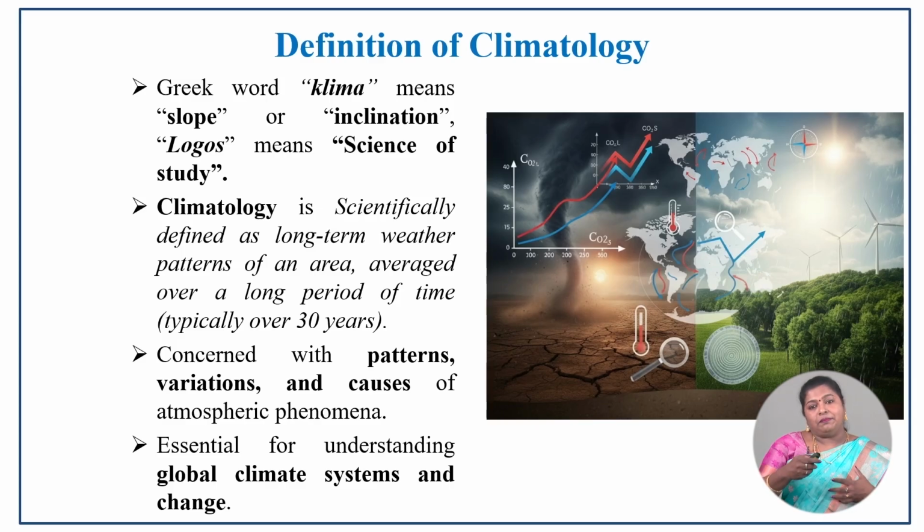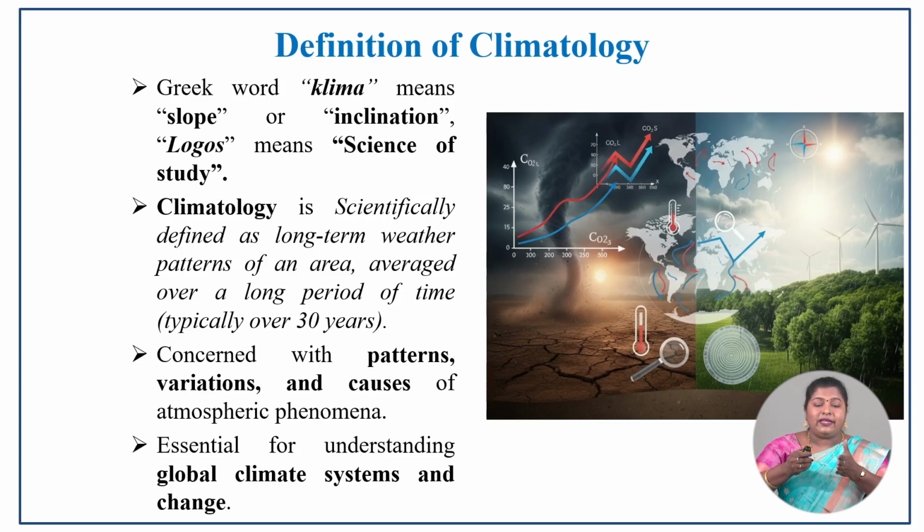So, this is what is meant by climatology, and the scientific definition is that climatology is long-term weather patterns of an area averaged over a long period of time. Keep that word average in your mind. Average means it is not considering the lowest or highest level of temperature.